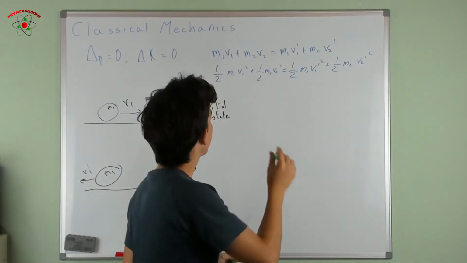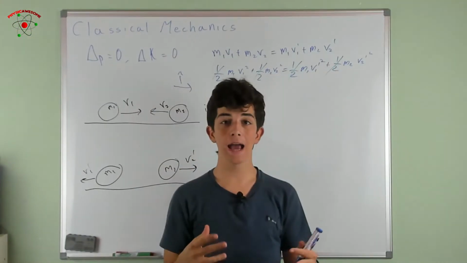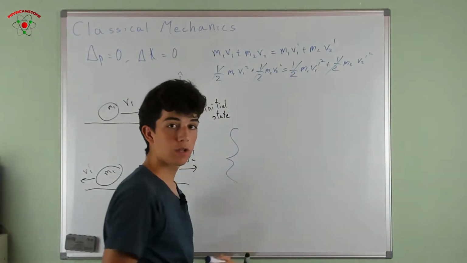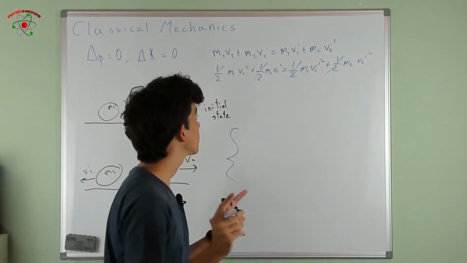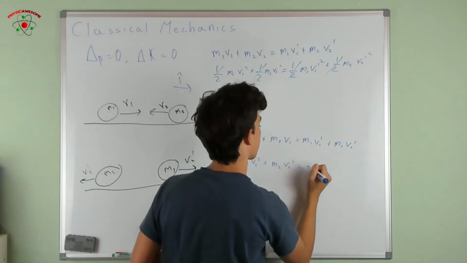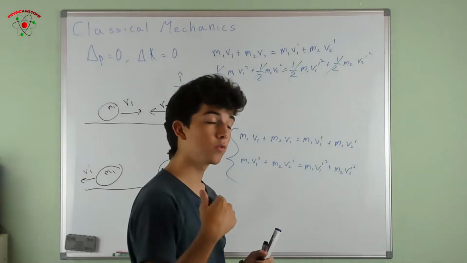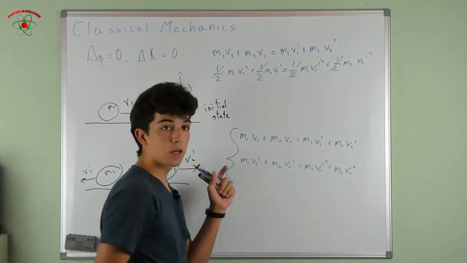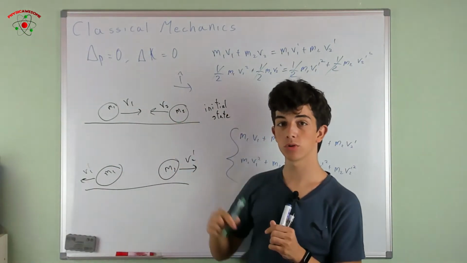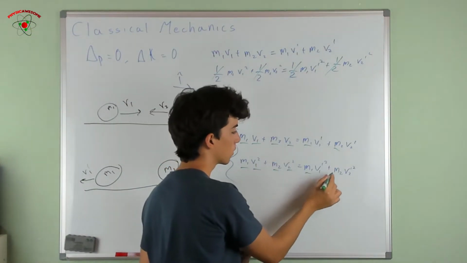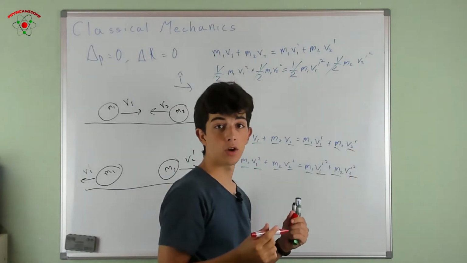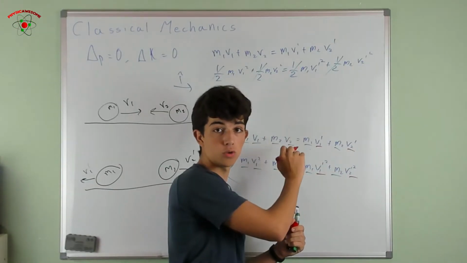We could take all the 1/2 from here, and now we are going to have a set of two equations that are solvable in every single case. Because if you realize, if we know perfectly our initial state, m1 b1, m2 b2, we are only left with two unknowns, b1 prime and b2 prime.